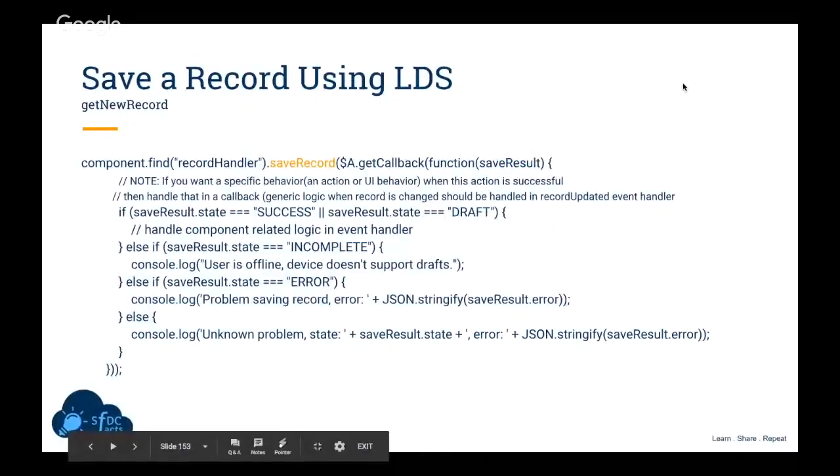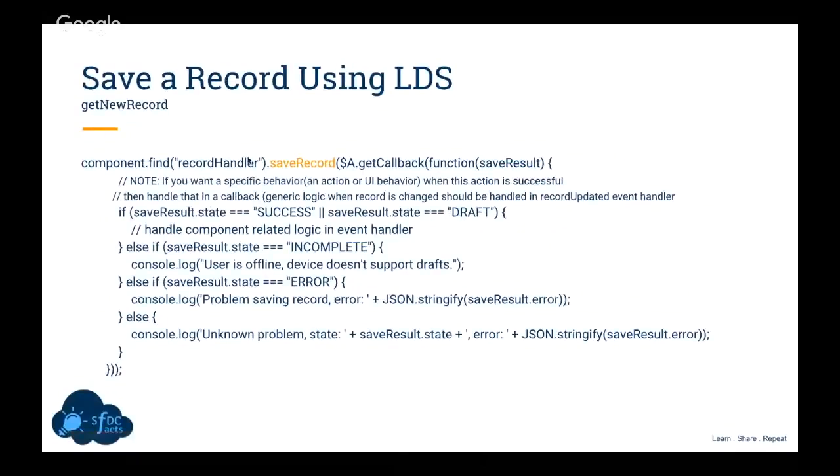Then let's have a look at our save record function. What it is doing is simply getting your record data component by using the aura id, and then we are defining the get callback function here. So if it is success or if it is draft, what is the difference between success and draft? Let's say while saving the record, your internet connectivity has broken.